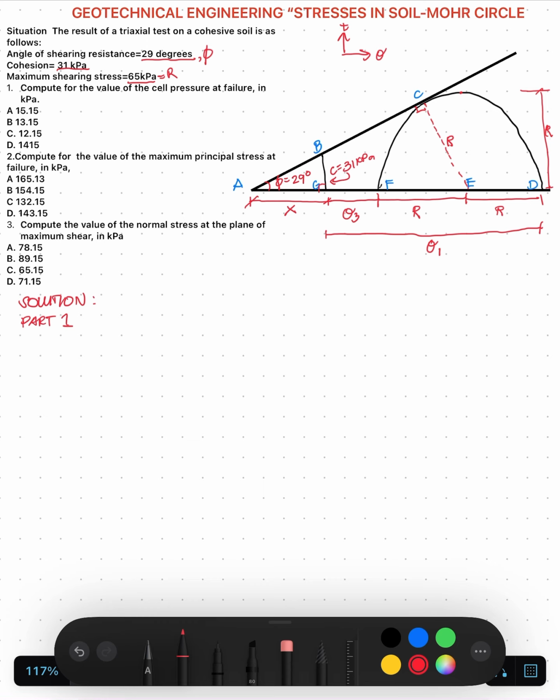For part 1, we were asked to compute the value of cell pressure at failure in kPa. That is our sigma 3.